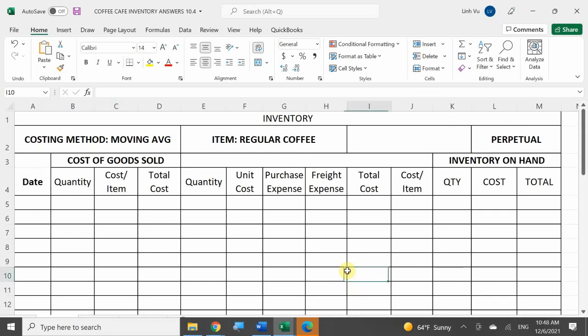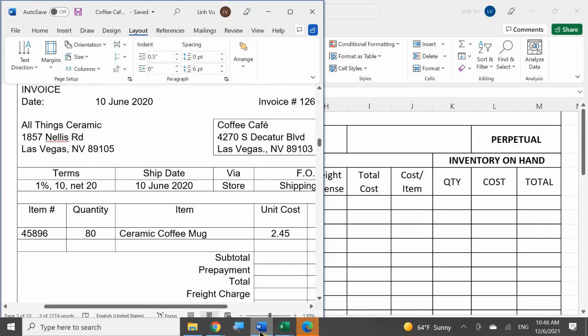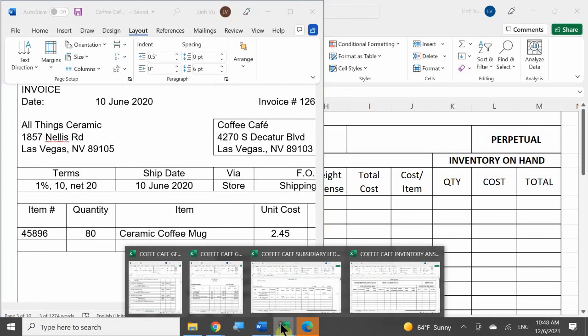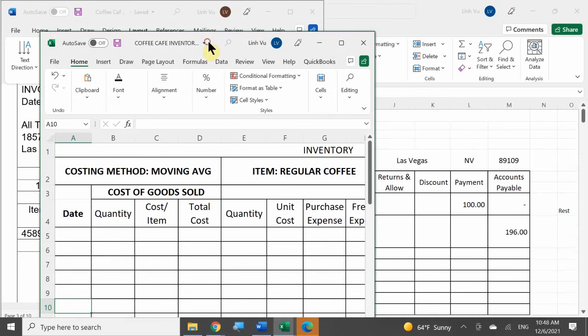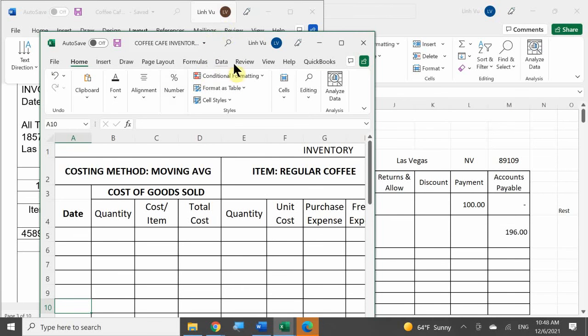Sorry, my window doesn't seem to be pulling down. Okay, so my inventory worksheet.